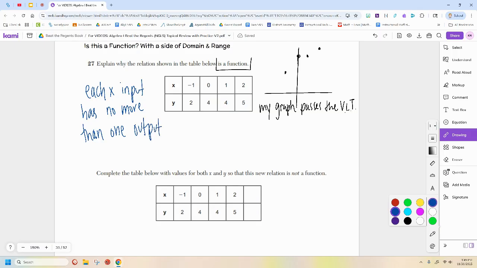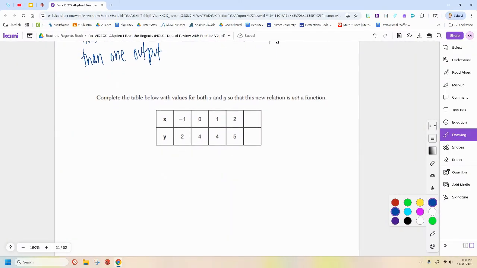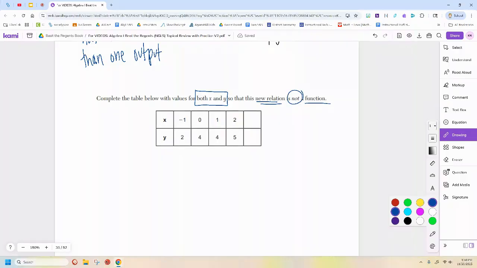All right, so either of those explanations should work on why the table is a function. So then how can I complete the table below for values of both x and y so that the new relation is not a function?